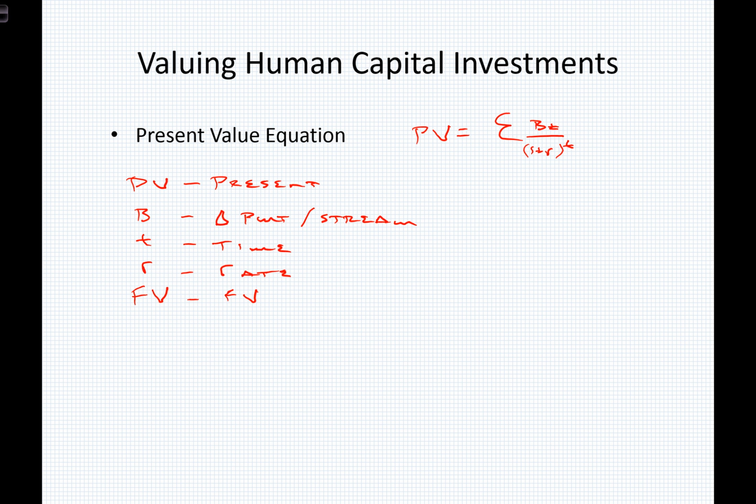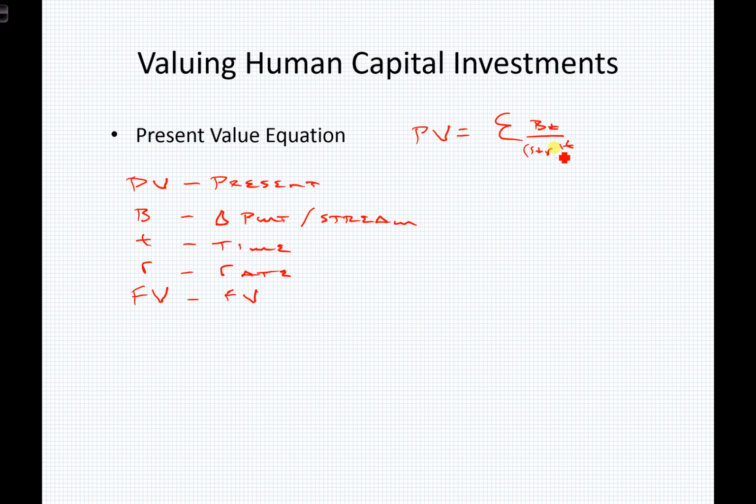We actually have 2 forms of this equation. The first form I've given you is the summation form. This large E-looking symbol is intended to be a summation, so equaling the sum of beta t over 1 plus r to the t, in which case the t in the denominator is a time variable that's used as an exponent.